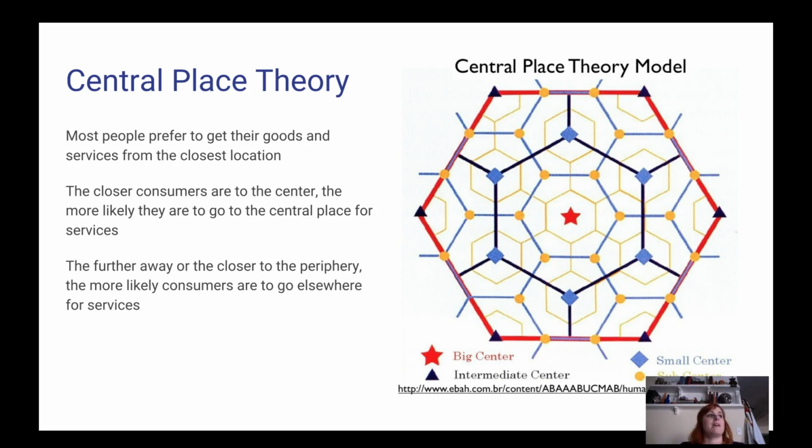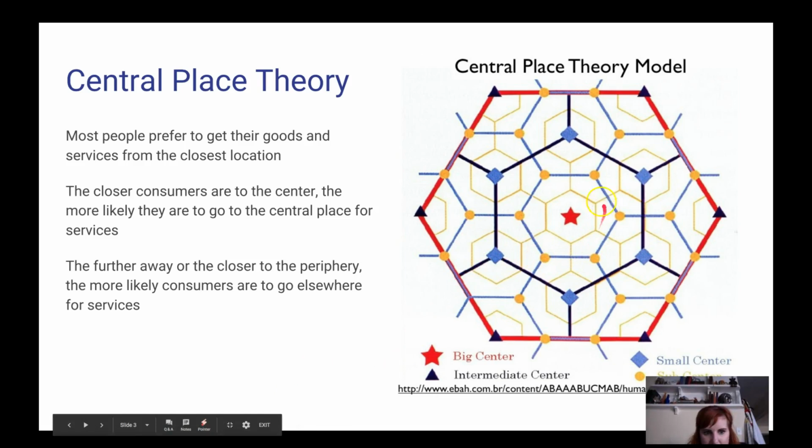Why? Because the Big Mac is the same no matter where you go, so why wouldn't you just go to the closest one, right? If you run out of, I don't know, milk for dinner or something like that, you're probably going to go to the grocery store that is closest to you. So most people prefer to go to the closest location to get their services.